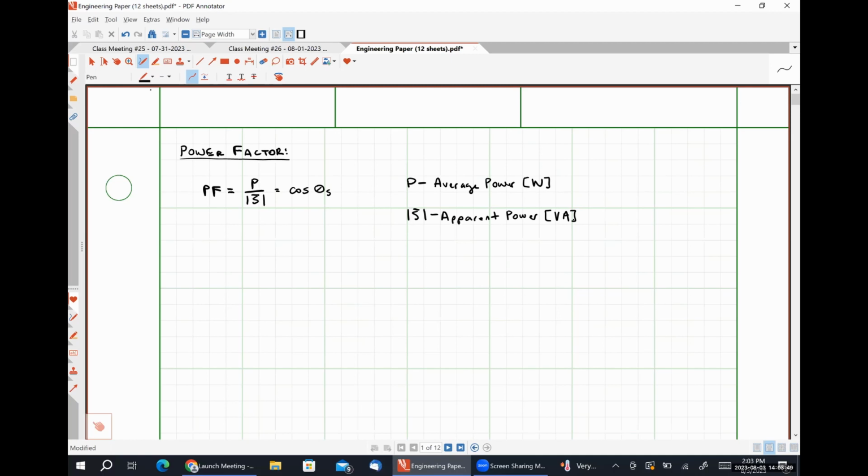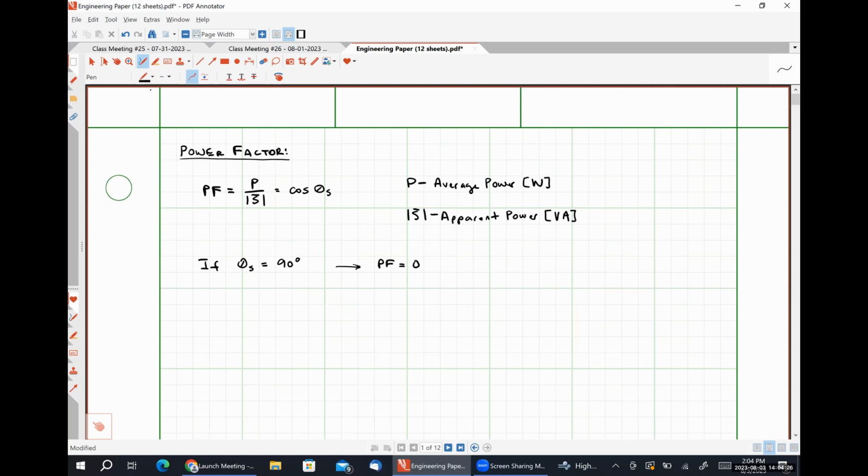We're going to talk our way through some various different angles here. Let's start with theta S equal to positive 90 degrees. Then our power factor is equal to 0, which means we're operating at 0% efficiency.